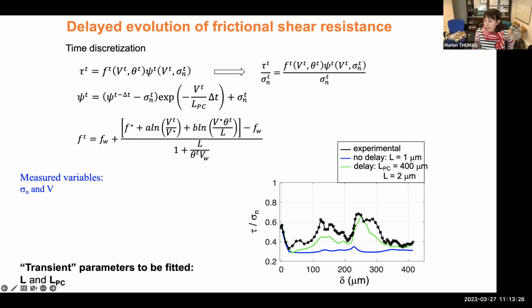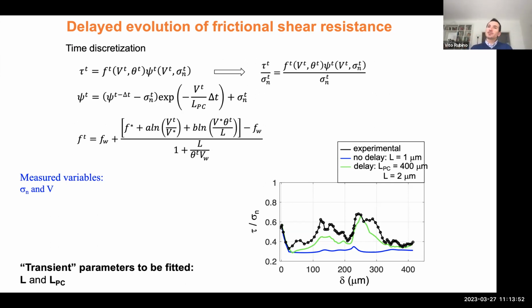Okay, so now we have assumed so far that f_w and V_w are constant and obtained from the steady state analysis that I mentioned earlier. However, they were obtained by a steady state analysis that grouped tests obtained under various levels of normal stress.